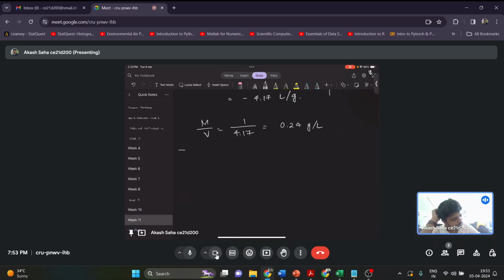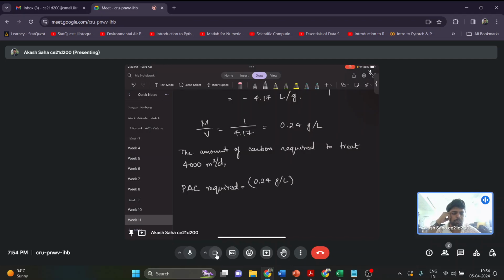So now at last, the amount of carbon required to treat. So we have a discharge of 4000 meter cube per day. So the amount of carbon required, or we can say PAC required, will be equal to, so my mass per volume is 0.24 gram per liter into the discharge 4000 meter cube per day.